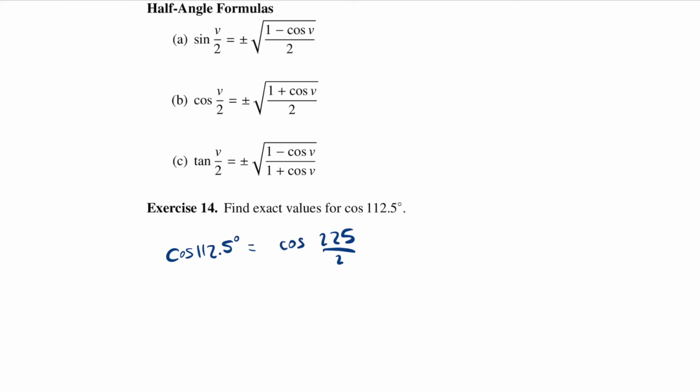Now we can call 225 our V and use this formula. We said it was minus because we're in quadrant 2, so minus the square root of (1 plus cosine of 225) over 2. Now we can use our unit circle to determine what the cosine of 225 is.